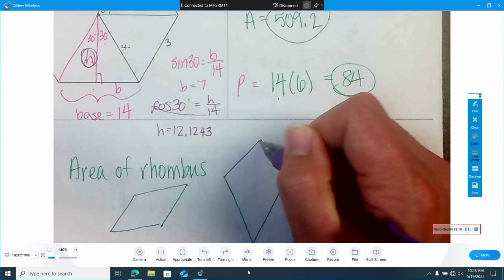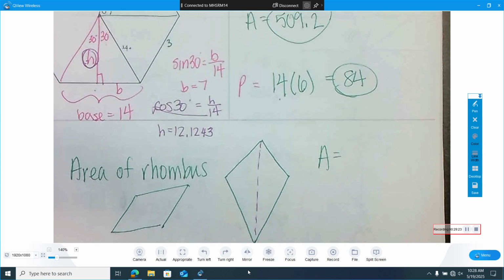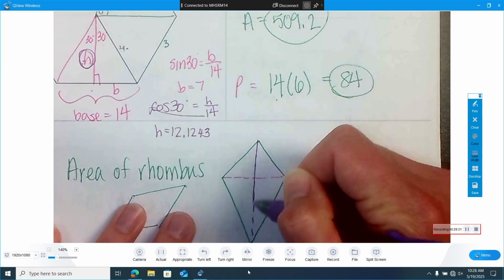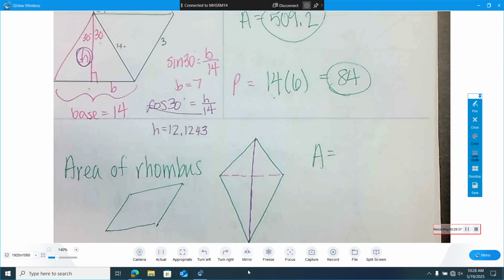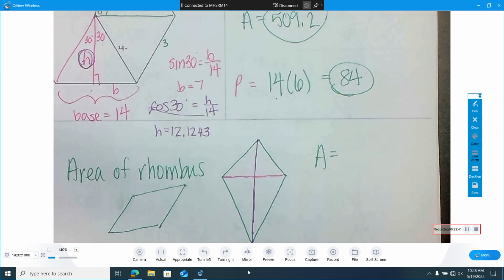What we can do is actually use the diagonals to figure out the area, because imagine if I were to take those diagonal lengths, they could be rearranged. If we cut on the diagonals, you can take all those little triangles you created, and they basically arrange themselves into kind of like a rectangle.